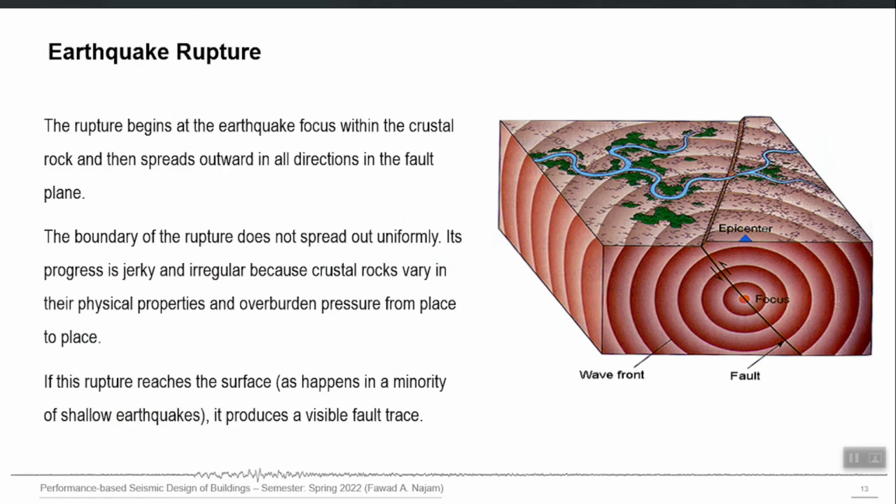So now we know that this sudden release of energy starts from one specific point. It doesn't start from all along the existing crack. It starts from a specific point under the Earth's surface, and that point is called focus, right?